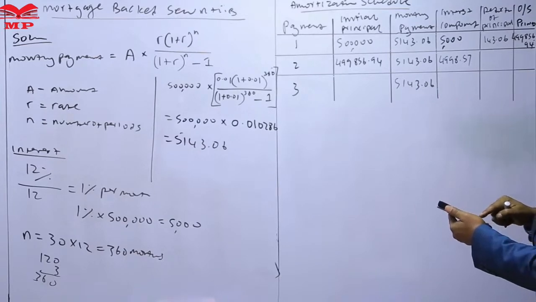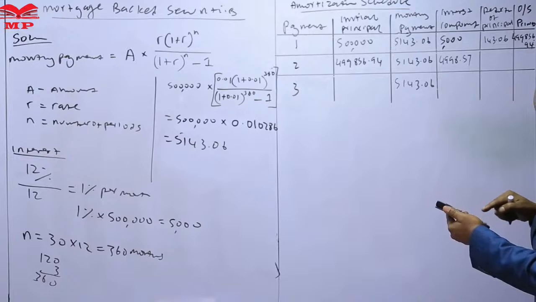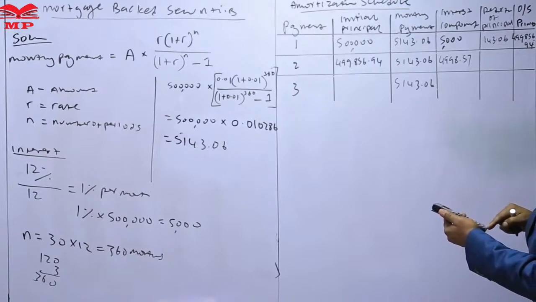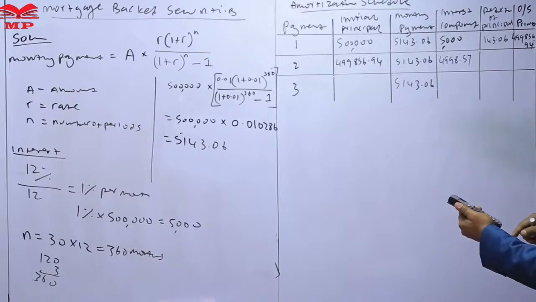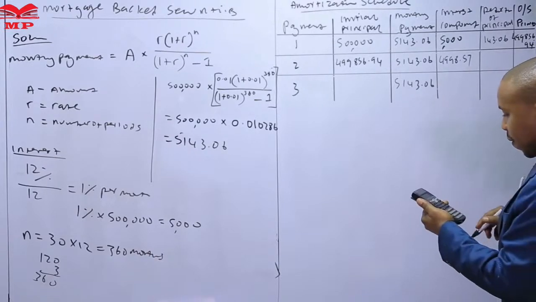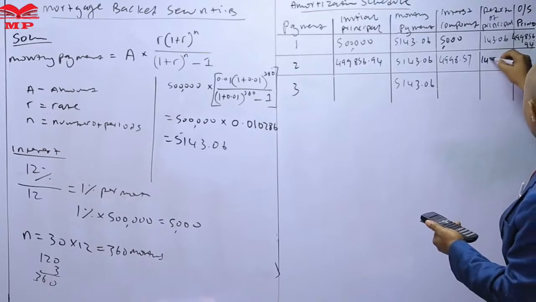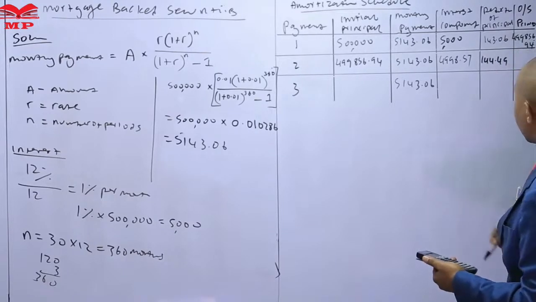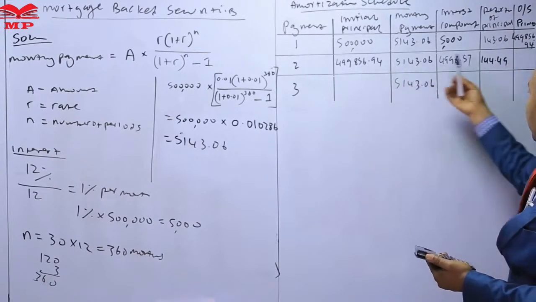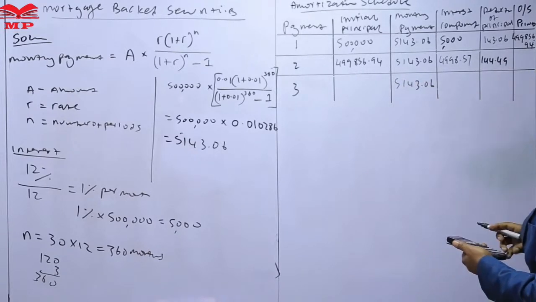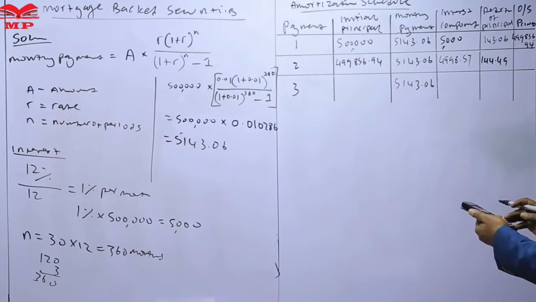Now the difference between this and this is how much? So we say 5143.06 minus 4998.57. We have 144.49. Now this value minus that value will give us the outstanding principal at the end of the second period.